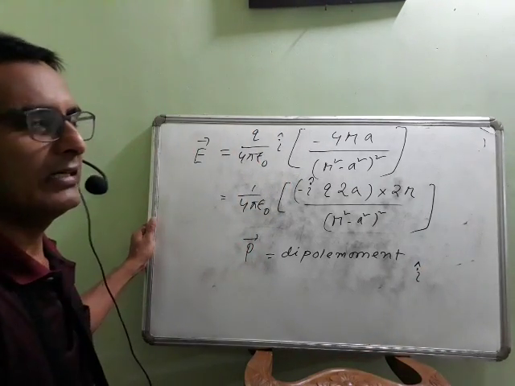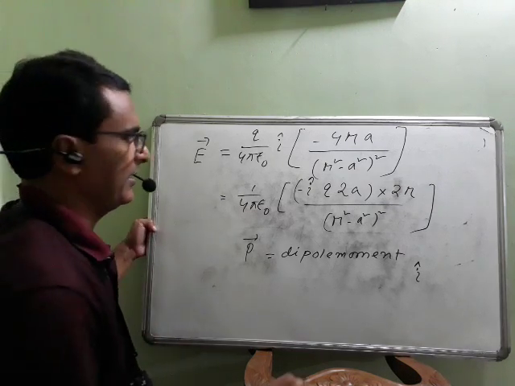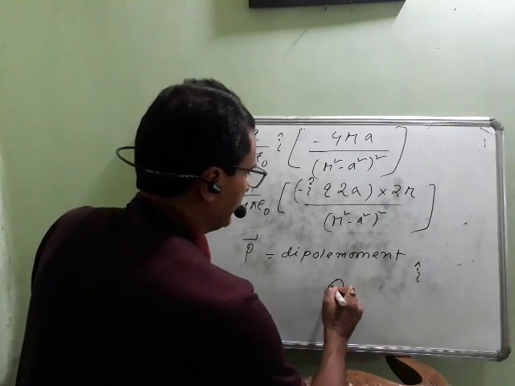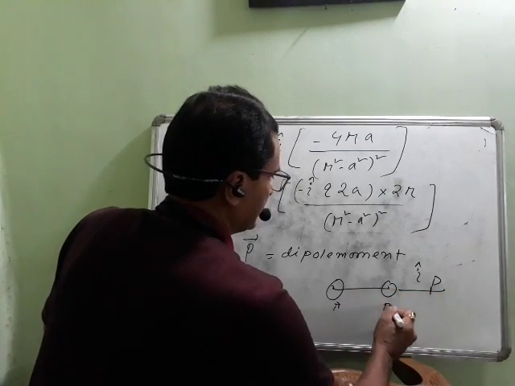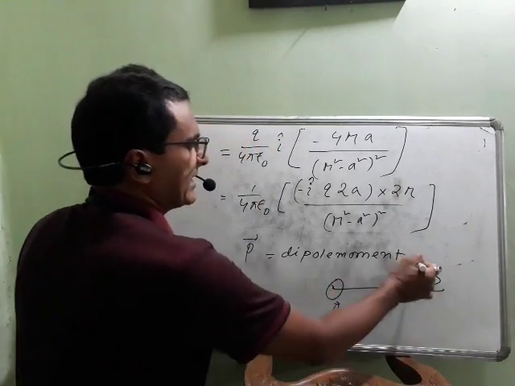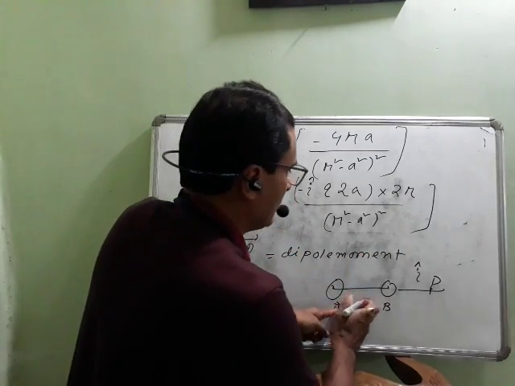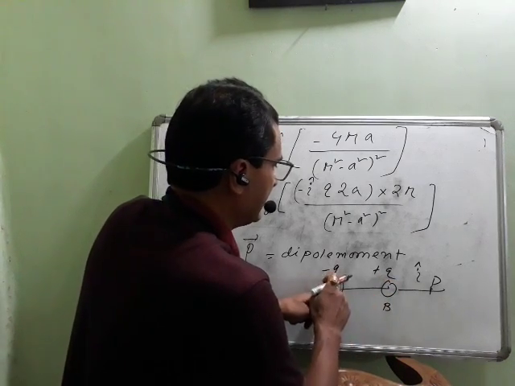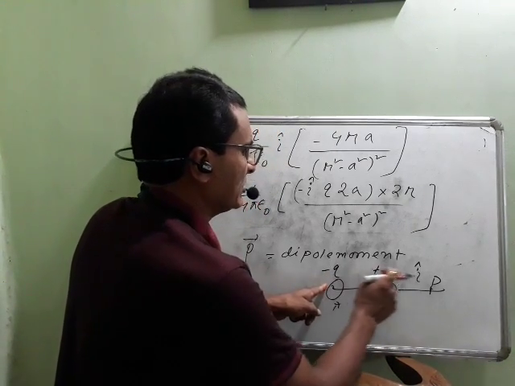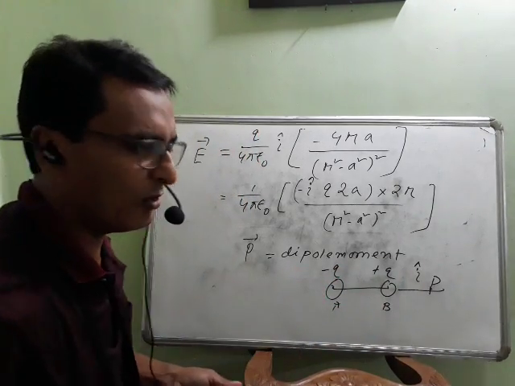The i cap is from P to A. In this figure, this is P, this is A, this is B. From P to A we assign i cap. So what is minus i? A to P, that is from the negative charge to the positive charge, which is nothing but the direction of the dipole moment.